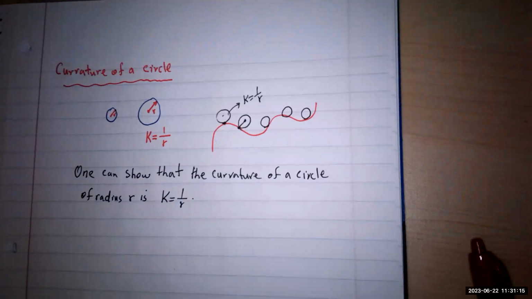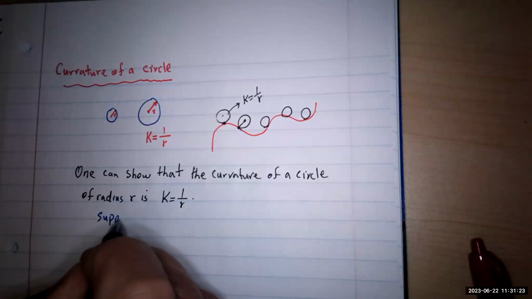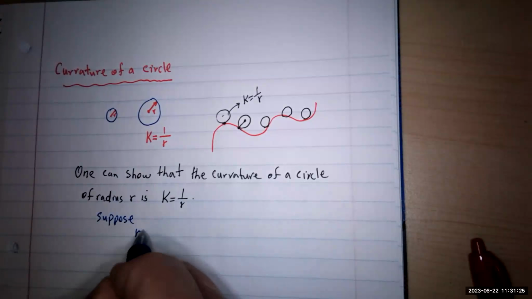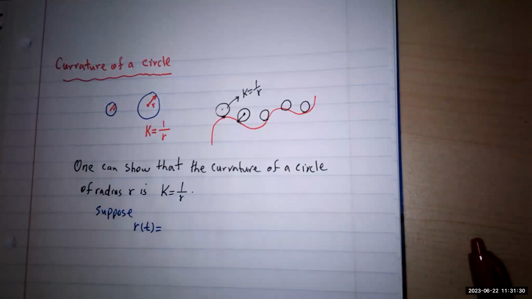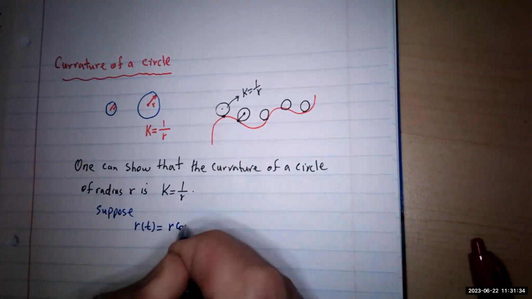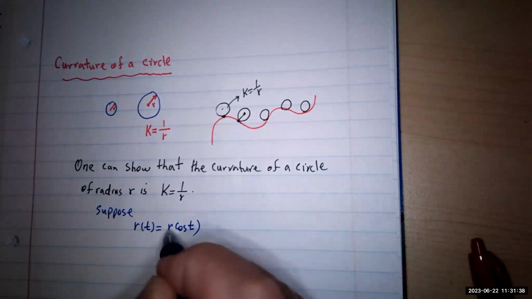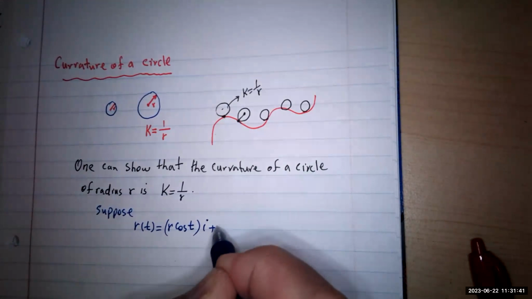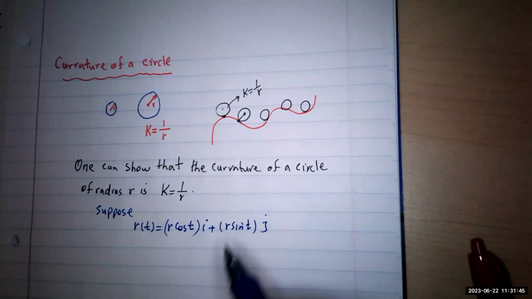If you have a circle, what is the parametric equation of a circle? Suppose you go around the circle, the coordinates are cosine t, sine t. So it's going to be r cosine of t, that's the x component, and r sine of t is the other component.